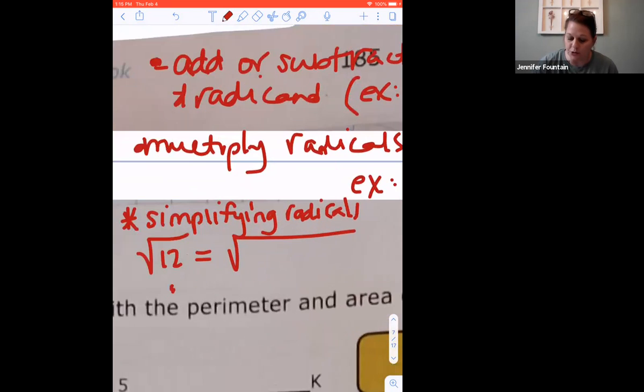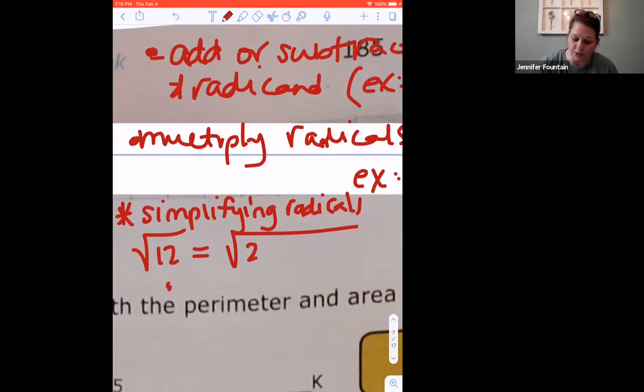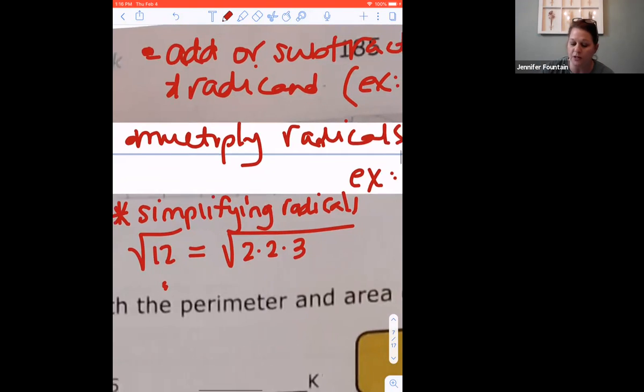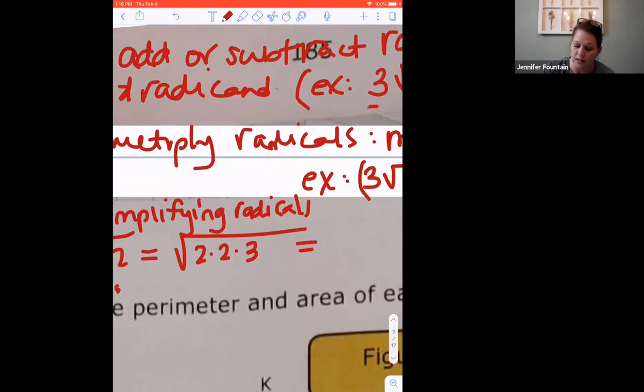My smallest prime factor of 12 is 2, and that's 2 times 6. My smallest prime factor of 6 is 2, and that's 2 times 3. So I can check this, and 2 times 2 is 4, 4 times 3 is 12. So I've broken 12 into prime factors.